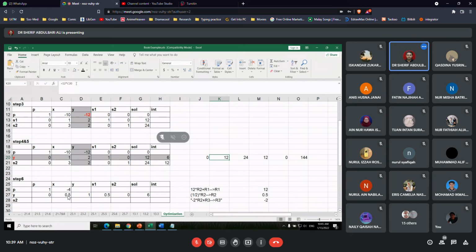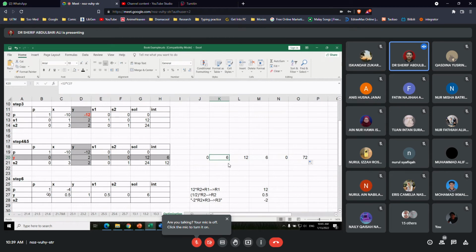Okay, sorry, it's my mistake here. Yes, these are the values.